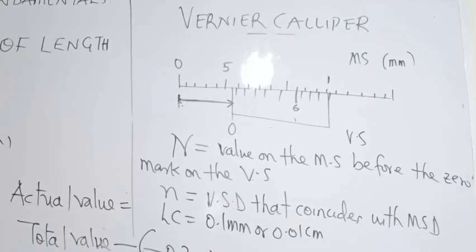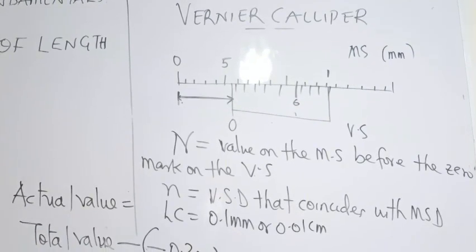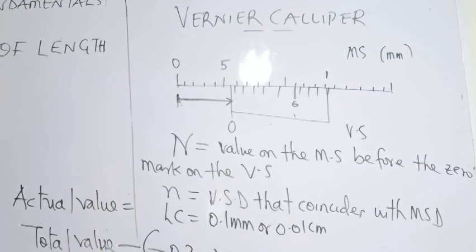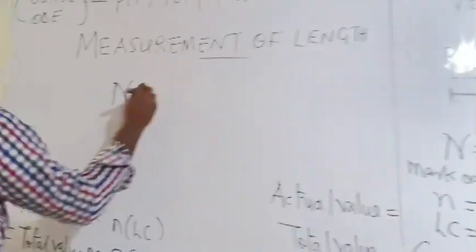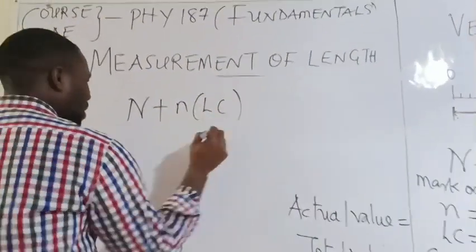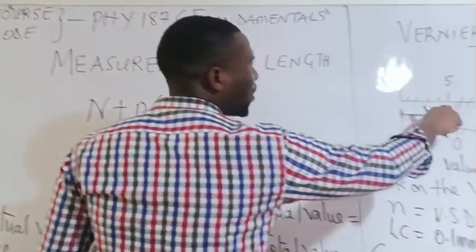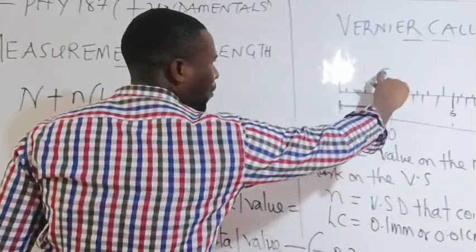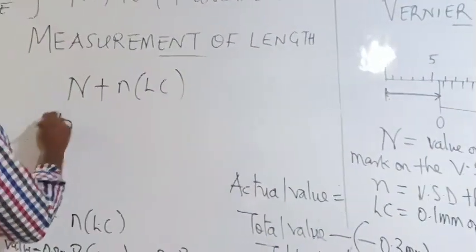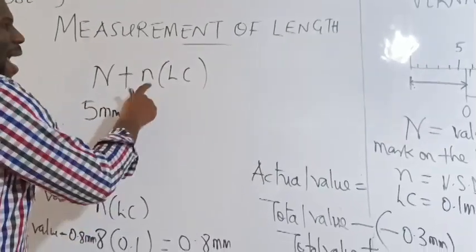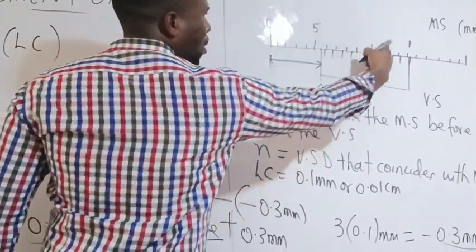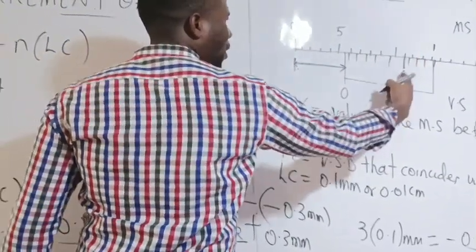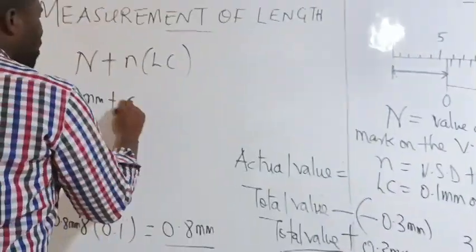Okay, now the total reading. The formula is N plus n times LC. So N, the value on the main scale before the 0 on the Vernier, is 5, that is 5 millimeter, plus little n, the Vernier scale division that coincides with the main scale. We could see that this matches perfectly with the main scale, so that's the 6th mark, times the least count.